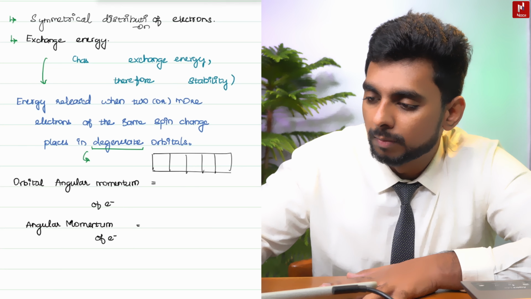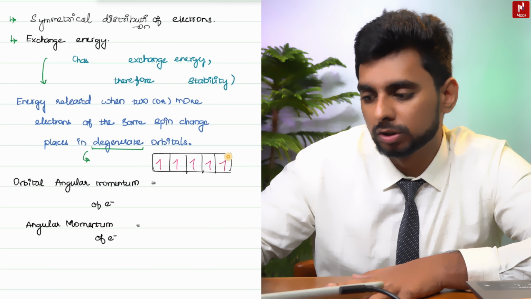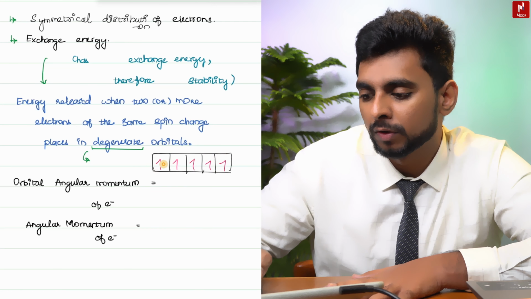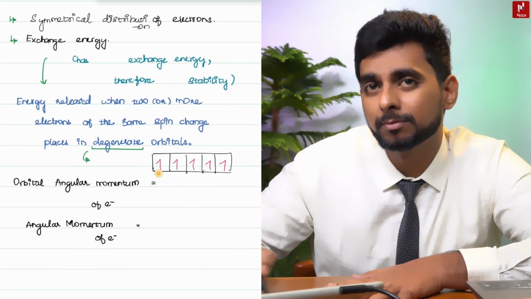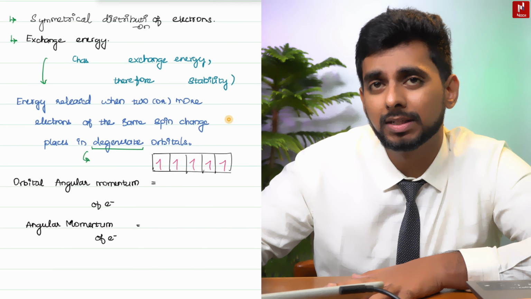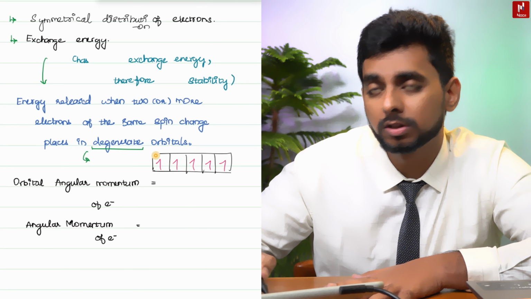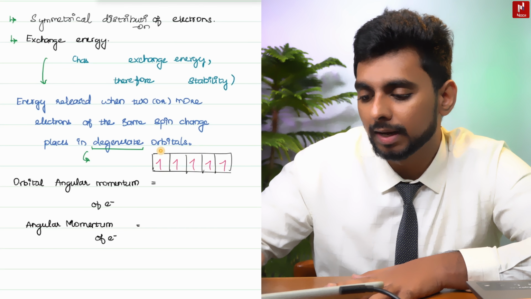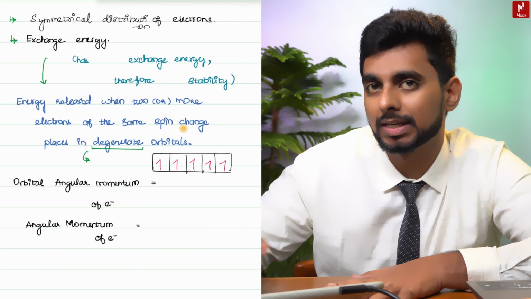When all the orbitals are singly occupied, there is a higher possibility for an electron to jump between the orbitals of the same subshell. Here it will not get excited to a higher energy level. Instead, it will just jump between the orbitals of the same subshell. When it jumps, obviously it will release that extra energy.